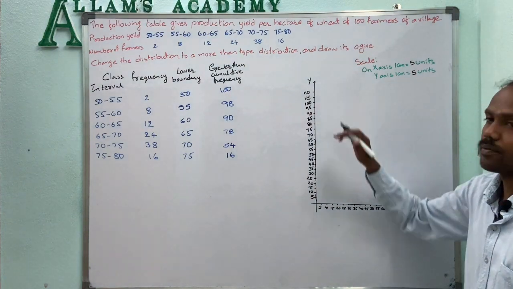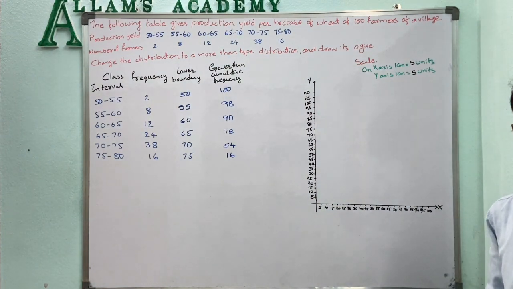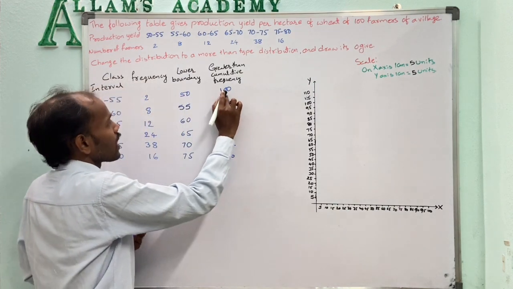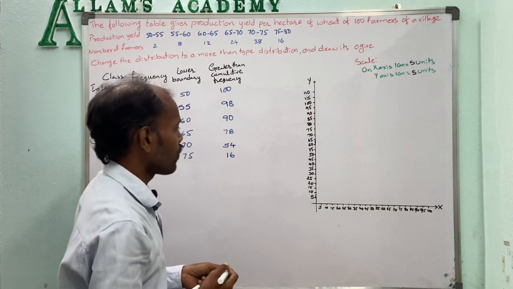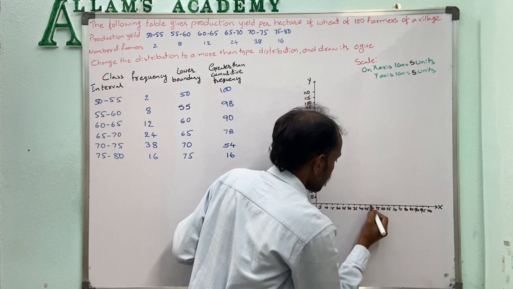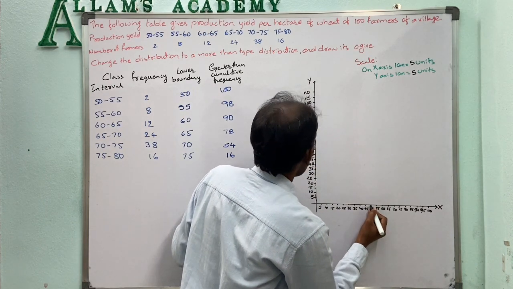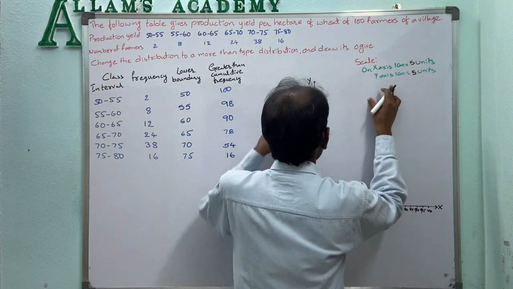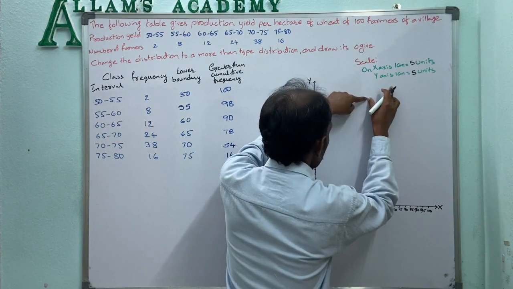Now plotting the points. For 50, the corresponding value is 100. So for 50, 100.